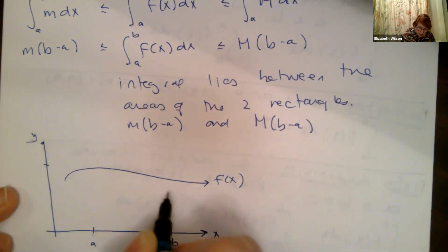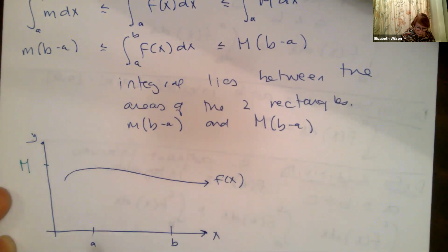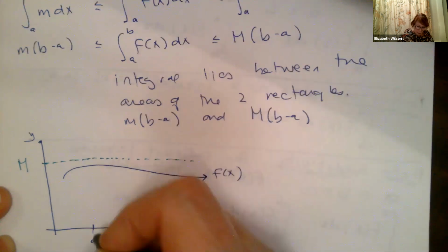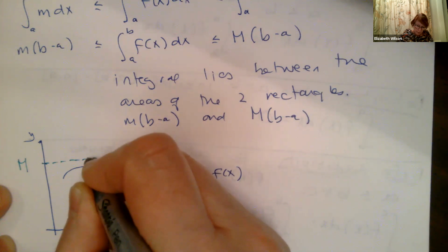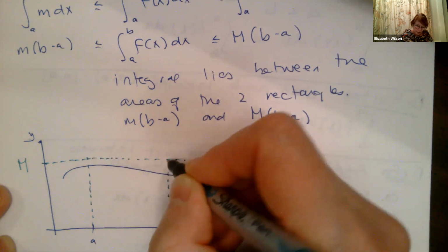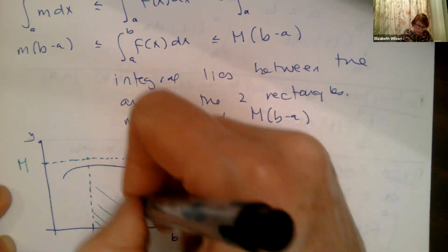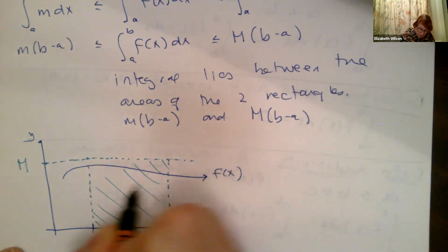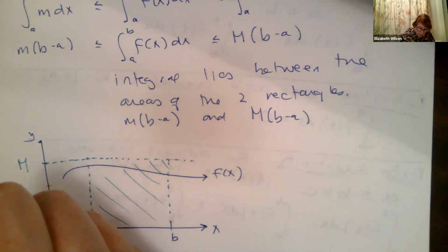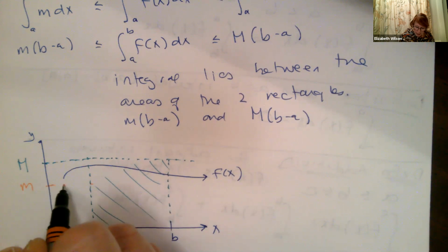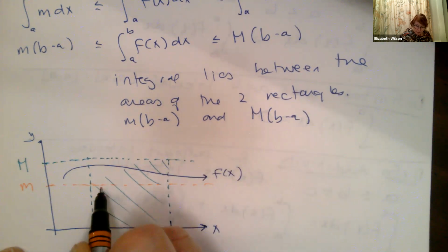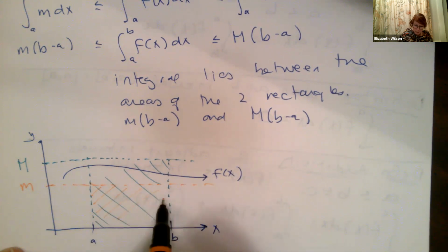I'm going to try to make it as close to my function as possible, but my upper bound is going to go like this. So the area of my upper bound is going to be this rectangle right here. My lower bound, say I'm going to try to make that lower, so I'm going to make that small. So my m comes down to here. So my area for my lowercase m is this bit right here.